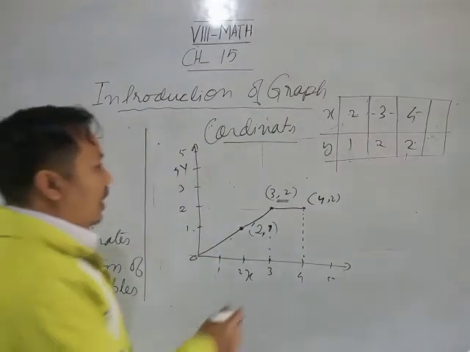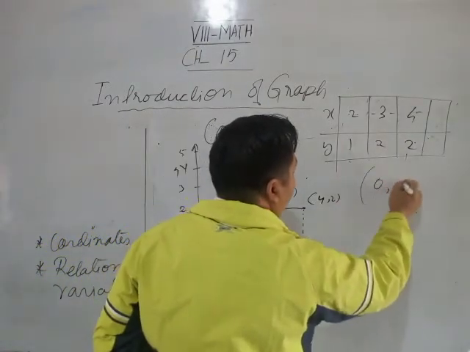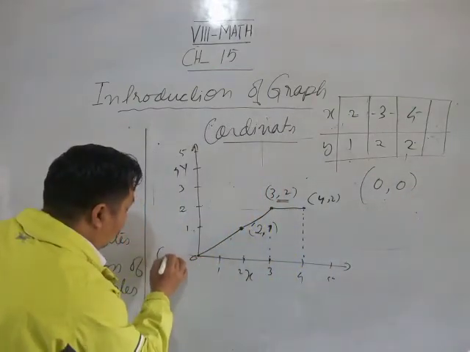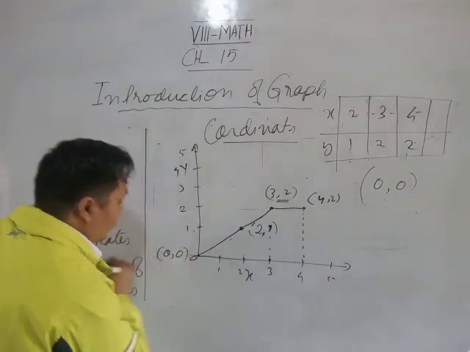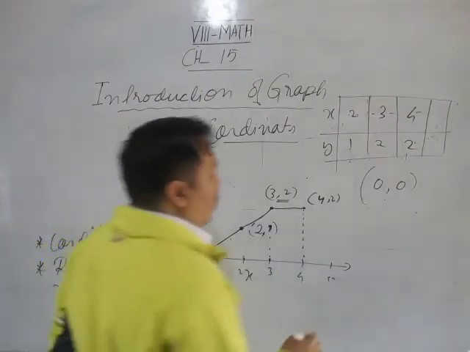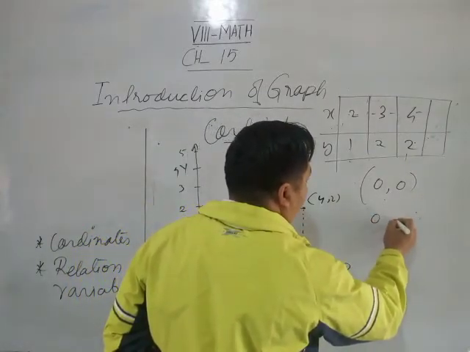Okay. So a coordinate can also be like this, 0 and 0. Where is this? The point B. x is 0, y is also 0. Okay, yes. Now, one coordinate is given like 0 and 1.